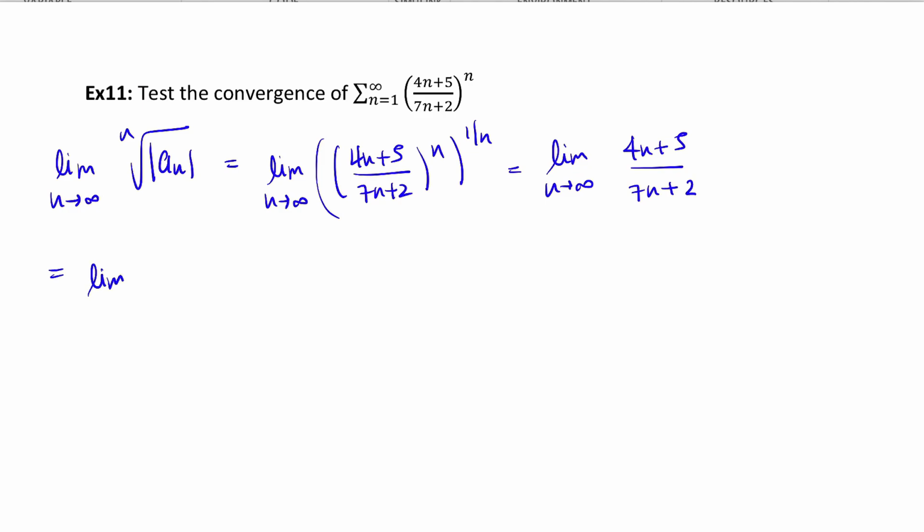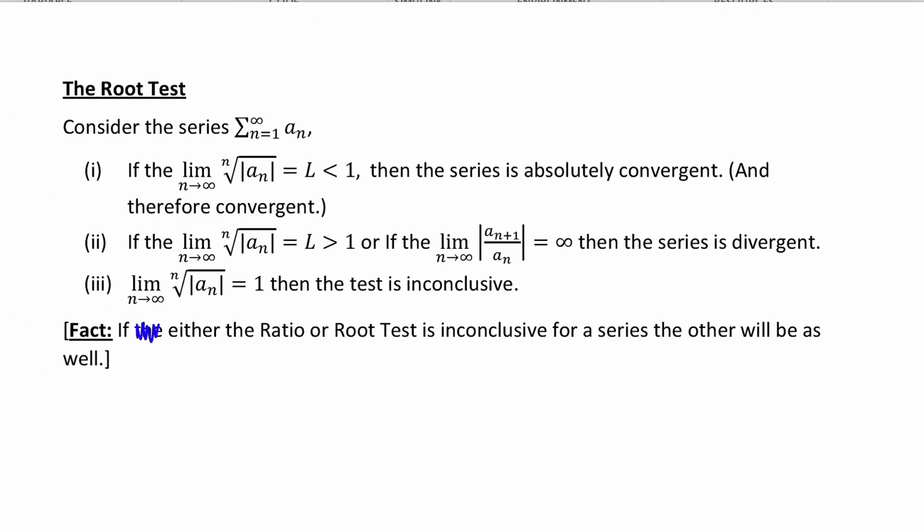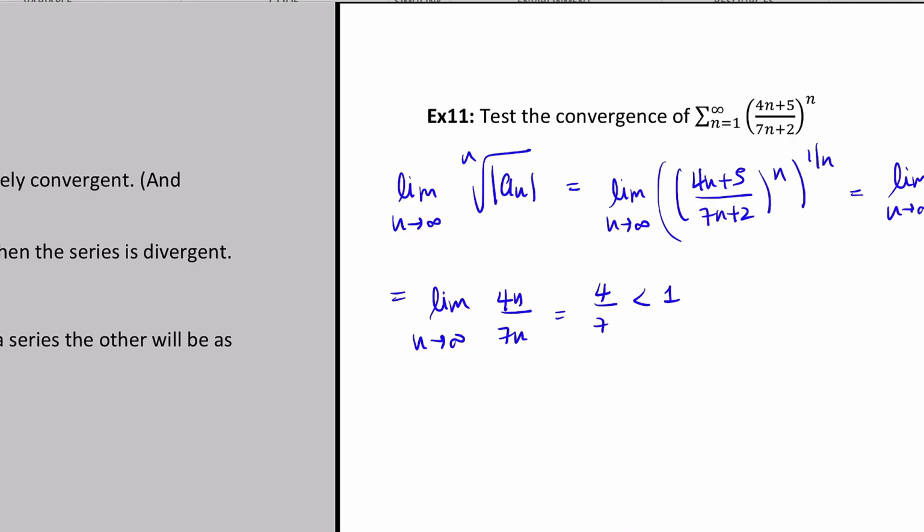This is equal to, I can take the quotient of the leading terms. As n goes to infinity, 4n over 7n, I get 4/7. This is less than 1. And the fact that the limit of the nth root of the absolute value of a_n is 4/7, less than 1, tells me that, conclusion, this series is absolutely convergent, therefore convergent.